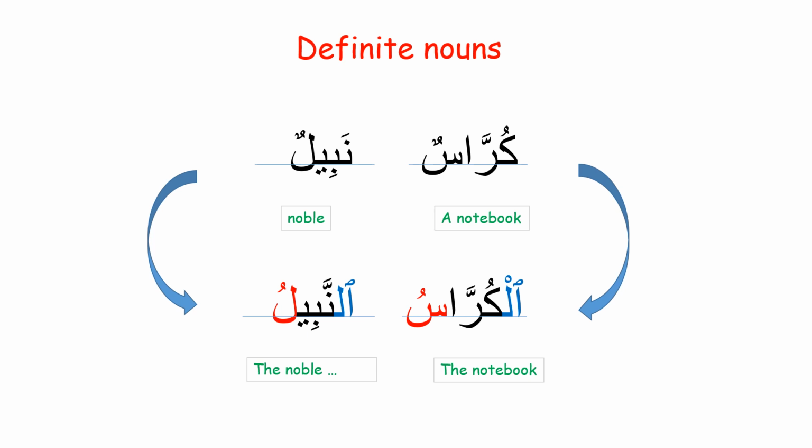And that will always be the case for nouns and adjectives starting with sun letters. That's it. It's easy, trust me, and it will become even easier with practice and by memorizing moon and sun letters by heart.